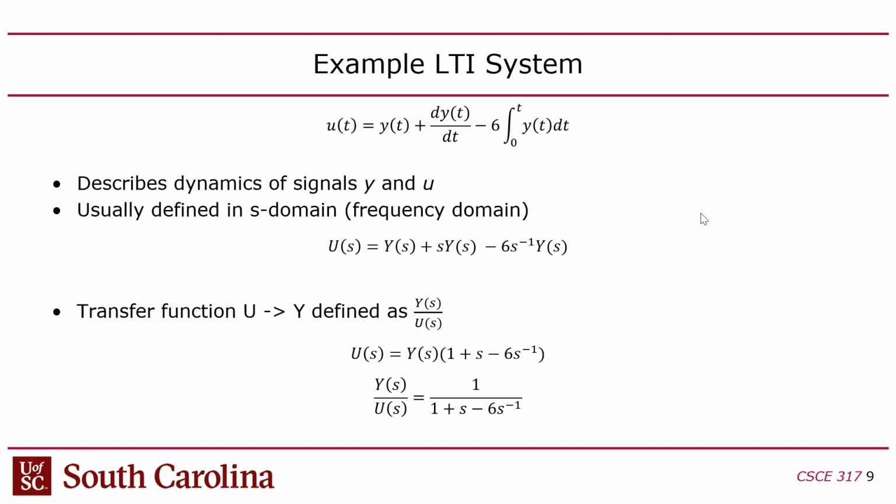In order to figure out what values of S will make the denominator 0, it's important to know what's in the denominator, which is determined ultimately by what we consider the input and the output of the transfer function to be. So we're looking for poles specifically for the transfer function where U is the input and Y is the output. In that case, our transfer function is 1 over 1 plus S minus 6S to the minus 1. And so the objective here is to find what values of S will give you a divide by 0 here.